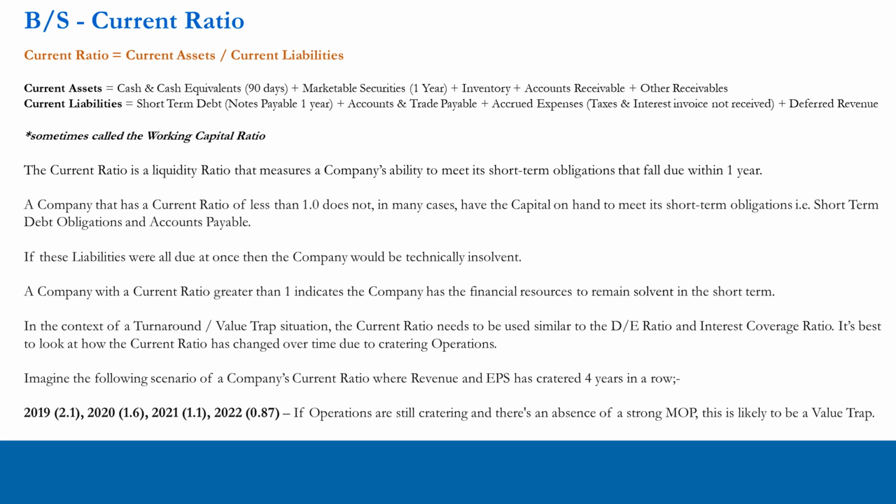Now, a company with a current ratio that's greater than 1 indicates that the company has the financial resources to remain solvent in the short term. So in the context of a turnaround or value trap situation, the current ratio needs to be used in a similar way to the debt to equity ratio and the interest coverage ratio.